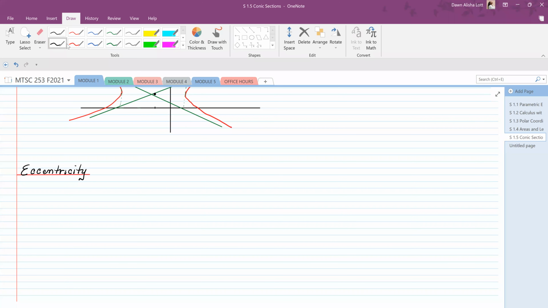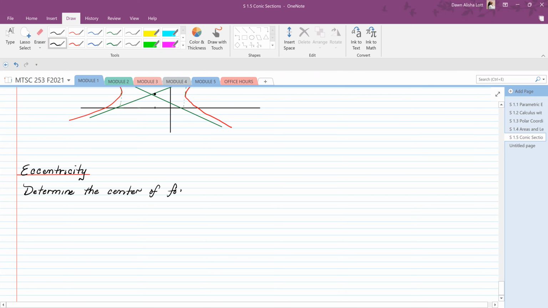All right, so we want to determine the center of focus distance c for an ellipse. Now we already know what that is.